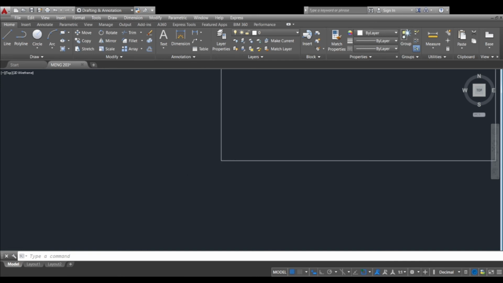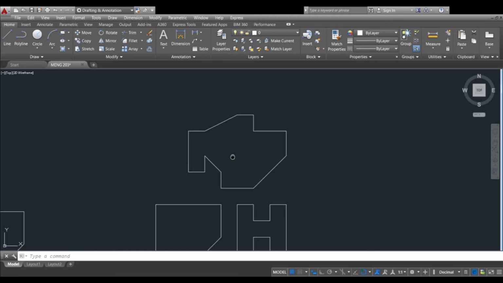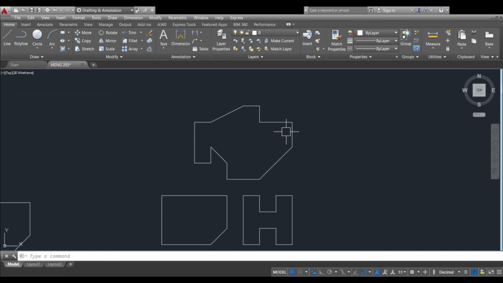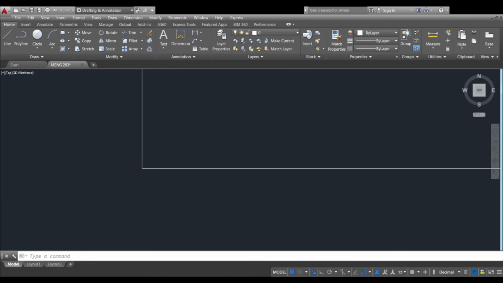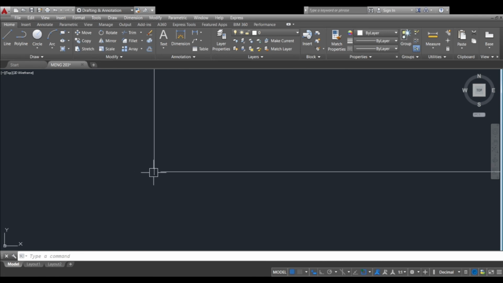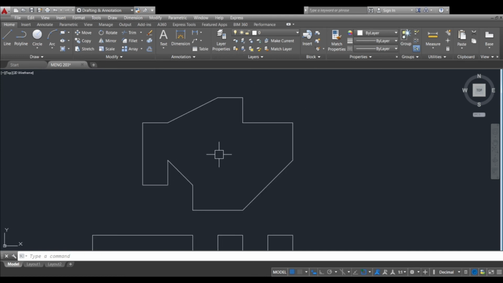Okay, so using the polar coordinates, we cannot close the figure unless we input the very exact value of our distances and angles.